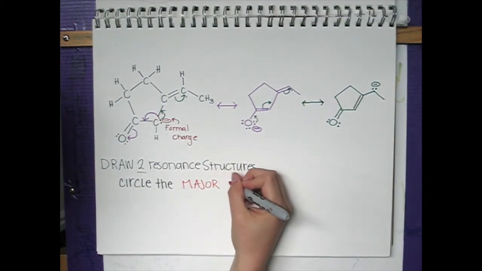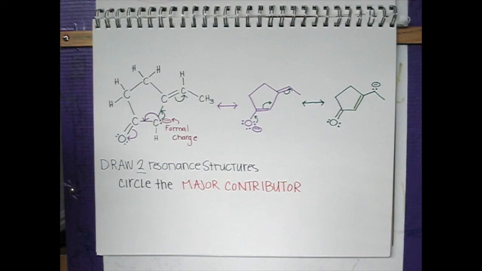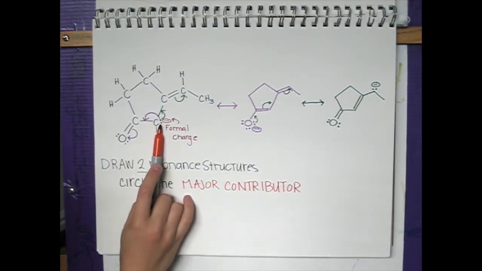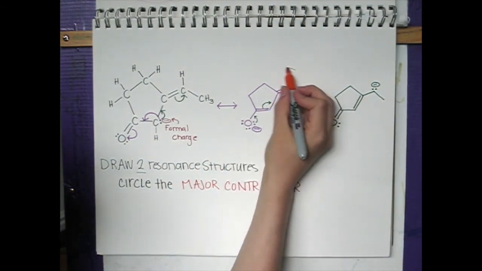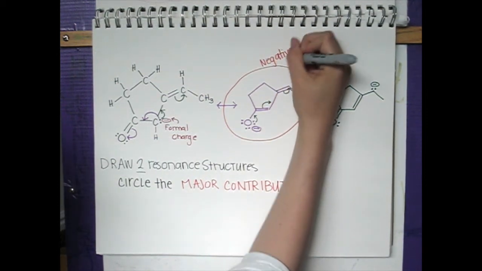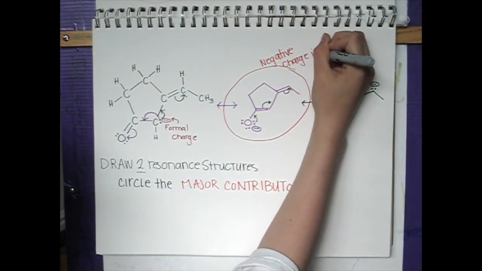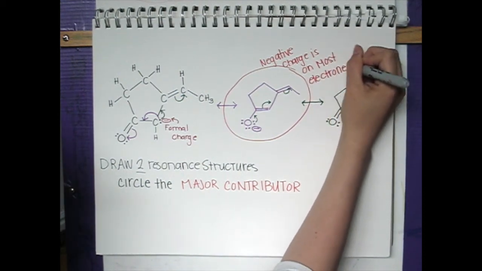We're going to circle the major contributor. Since all of them have octets, that's not what we're going to be looking at. They all have 1 charge, so we go with the one that has the negative charge on the most electronegative atom, which would be oxygen. Carbon isn't very electronegative.